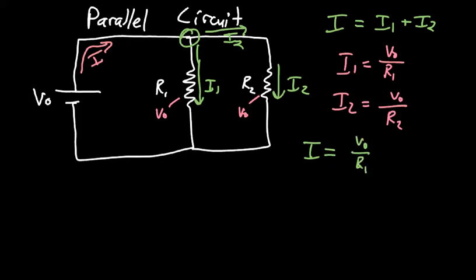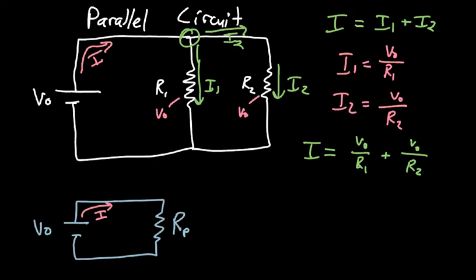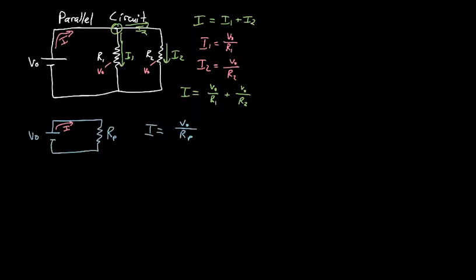And so we can go back to the equation we have in green and substitute V0 over R1 and V0 over R2. Now remember, the goal is to get a single resistor that produces the same current as this combination of resistors. So we'll call that the parallel equivalent resistance now, RP, for the variable. And so in this equivalent circuit, we could write that the current, I, is equal to V0 over RP.